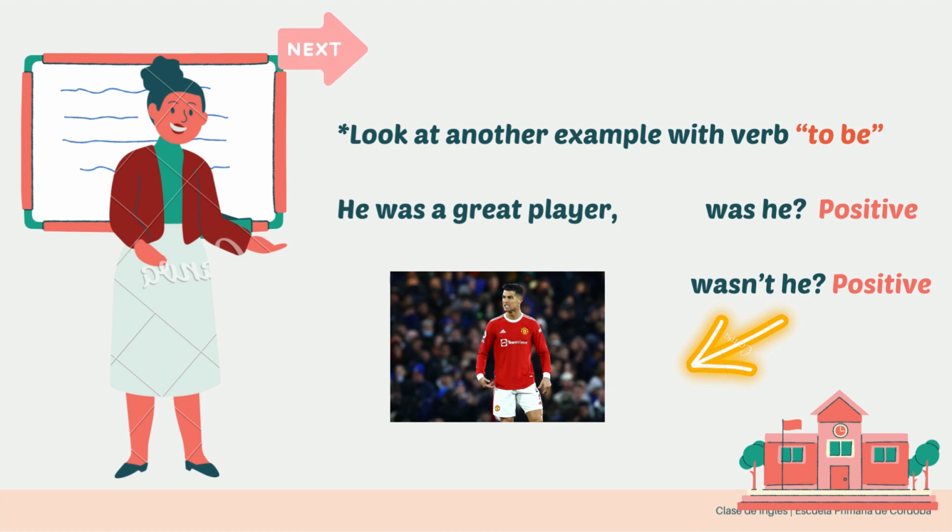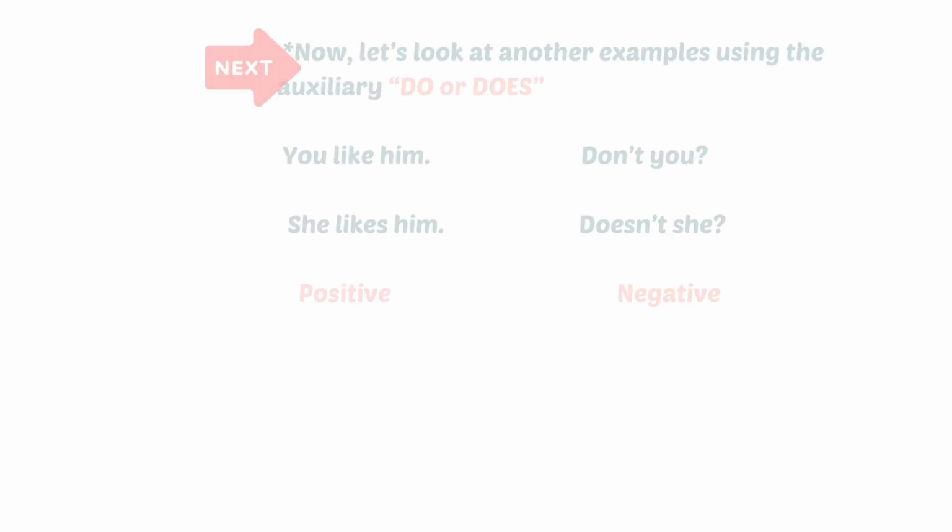Now let's change this sentence to negative. He was not a great player, was he? Because if the first sentence is negative, you make the tag positive. Don't forget that, guys.